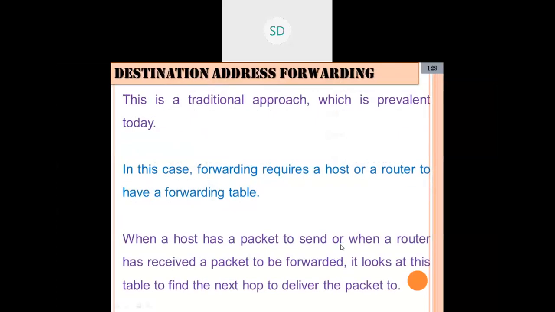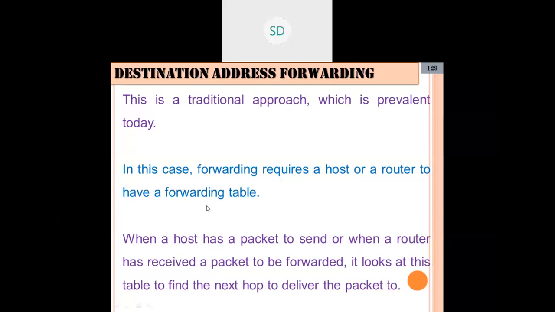So the first one is the connectionless protocol, destination address forwarding. This is the traditional approach, which is even relevant today. In this case, forwarding requires a host or a router to have a forwarding table. This is important. In destination address forwarding, at each router there will be a forwarding table, which consists of information about what the next path will be.